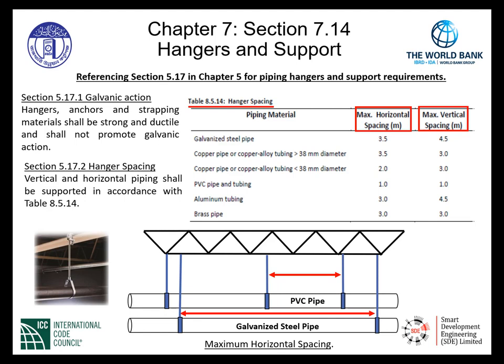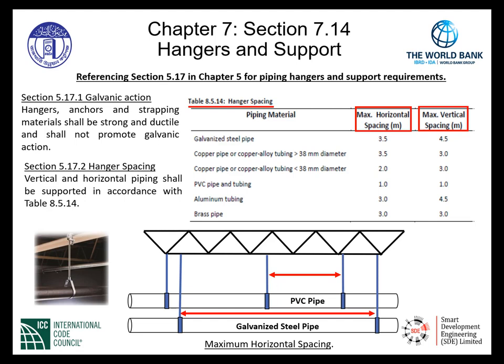Vertical and horizontal piping shall be supported in accordance with Table 8.5.14. As an example, the picture below indicates piping being supported from the building's structure by means of a threaded rod and a hanger that goes around the pipe that we know as a teardrop hanger.